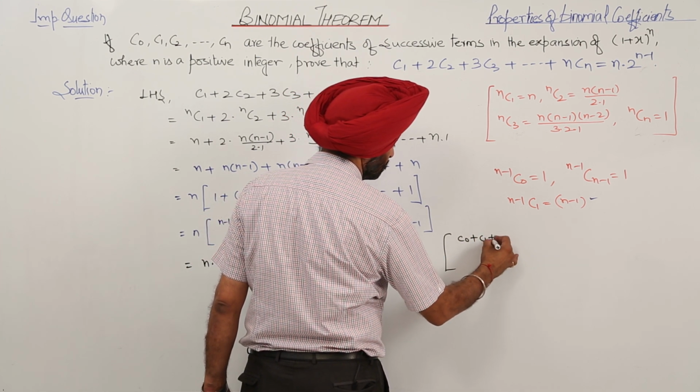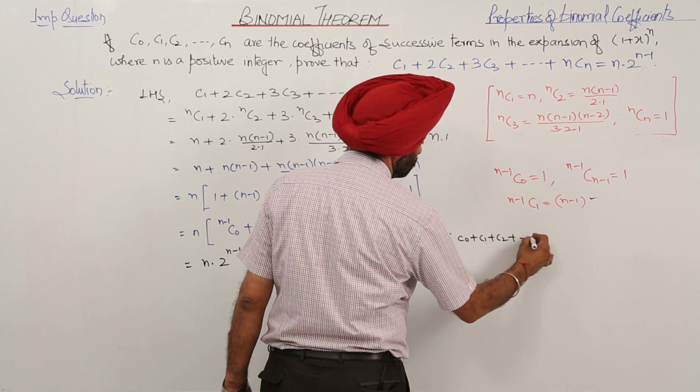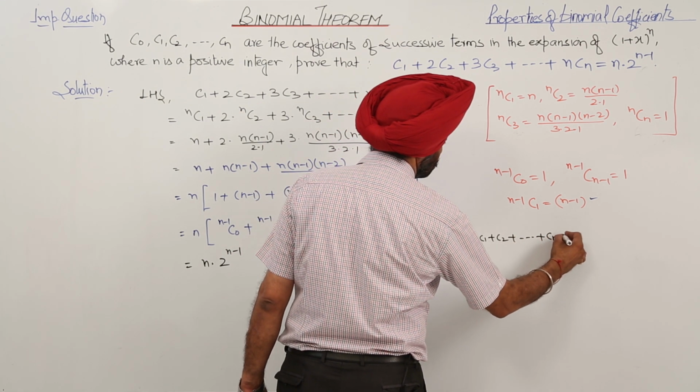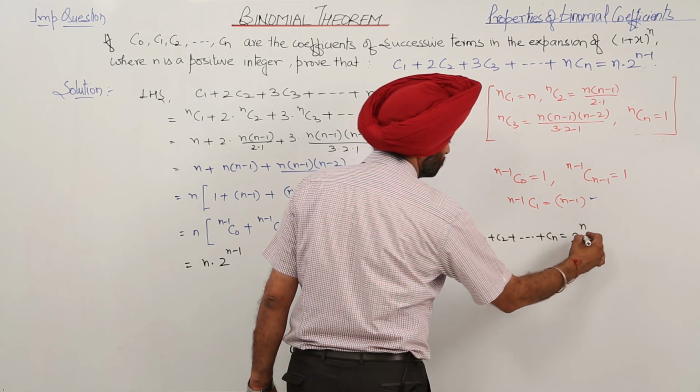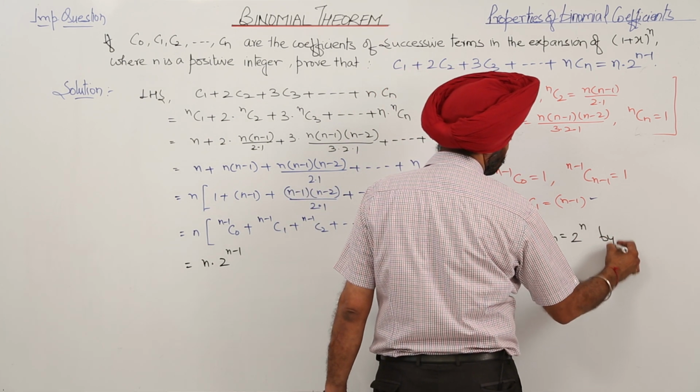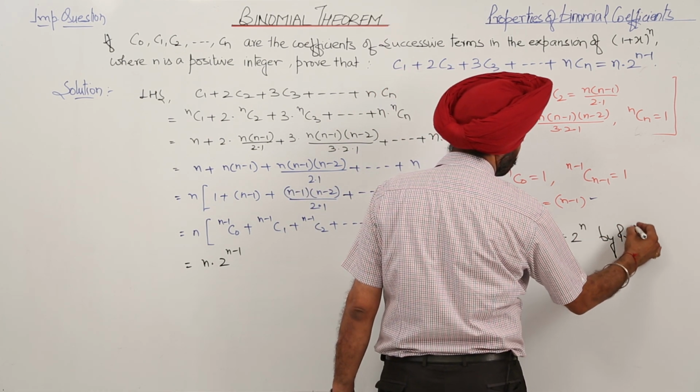C0 plus C1 plus C2 plus up to Cn is equal to 2 raised to the power n by property.